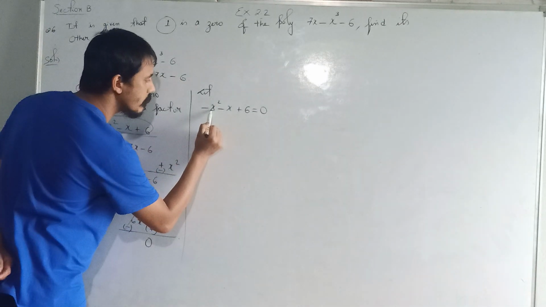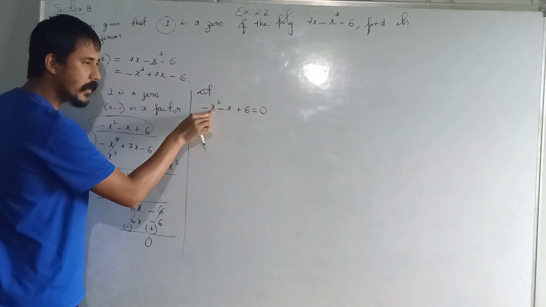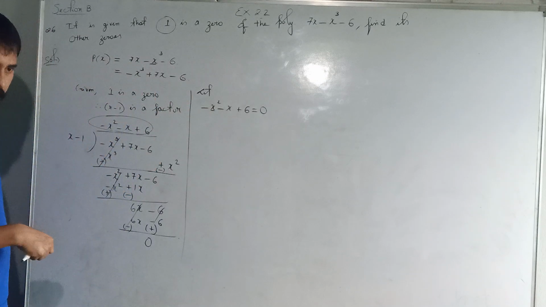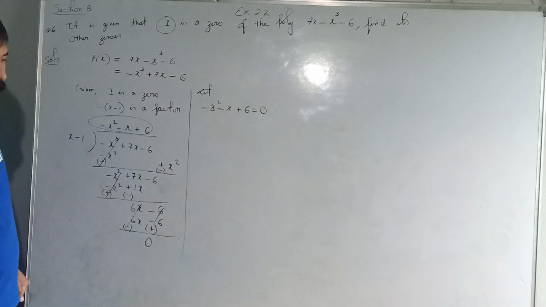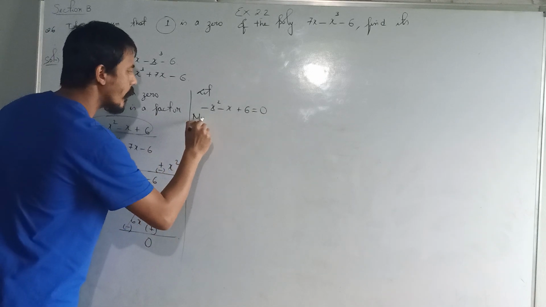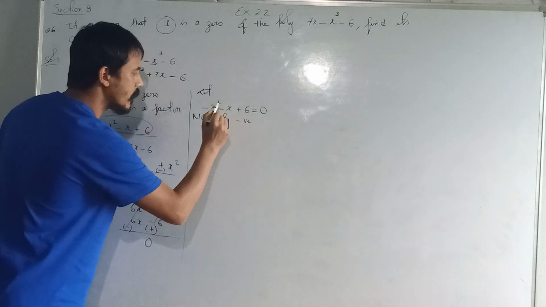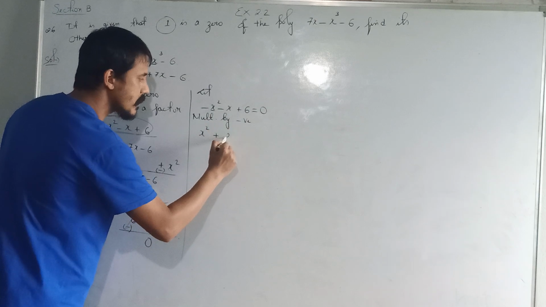Usually the first term is kept positive, but here the term containing the highest power is negative. So we convert it into positive by multiplying both sides by a negative sign.